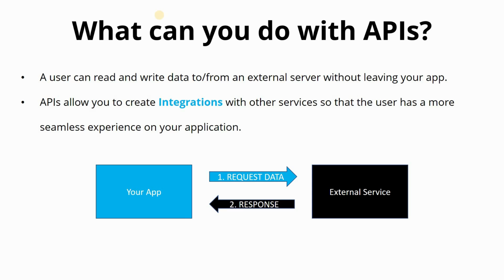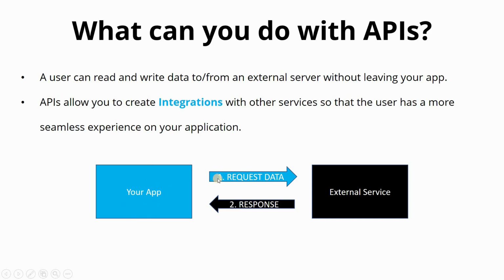They can view all of the data directly inside of your app, and they can also have that external service make changes to the data too. So a user can actually read or write to and from an external server without ever leaving your app. An example of this would be, let's say that this is your app, this blue one here.